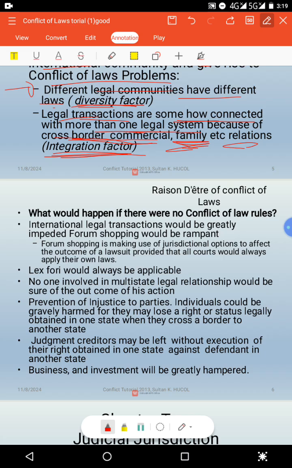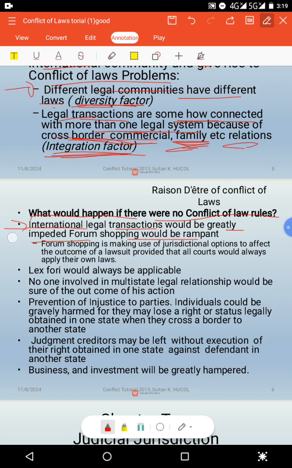And the next portion we will discuss is what would happen if there were no conflict of law rules. If there were no conflict of law rules, what will happen? So we will see it. International legal transactions will be greatly impeded. Forum shopping will be rampant.